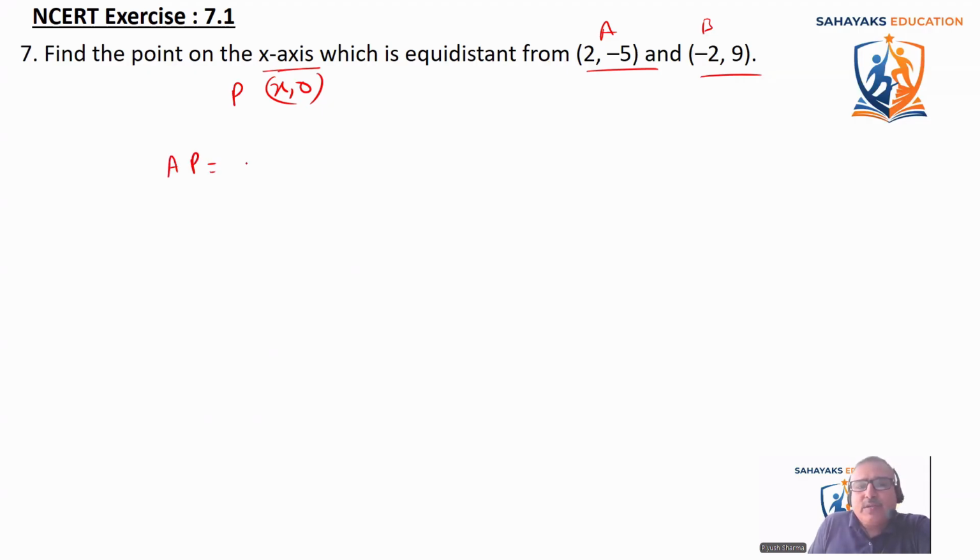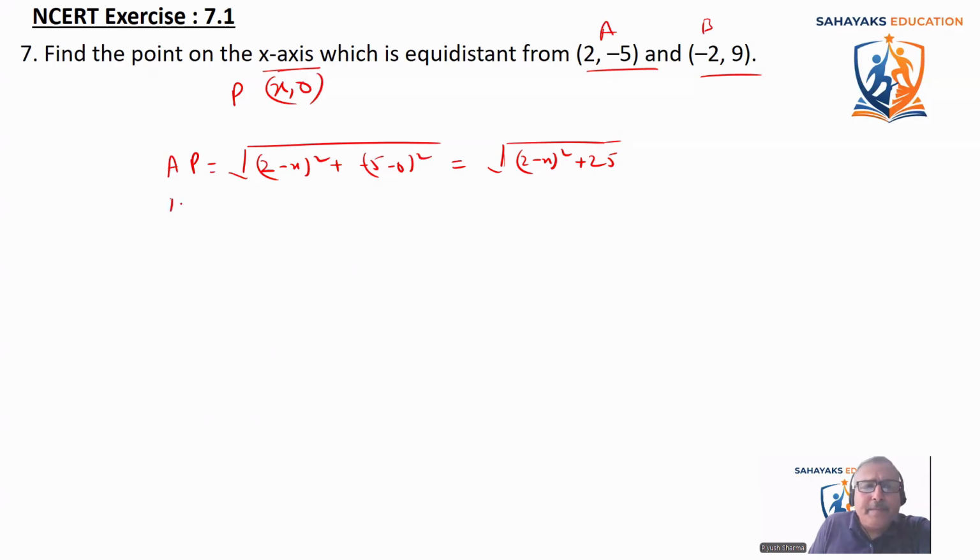AP is equal to square root of (2 minus x) whole square plus (minus 5 minus 0) whole square. That comes out to be square root of (2 minus x) whole square plus 25. Now we have to find BP.